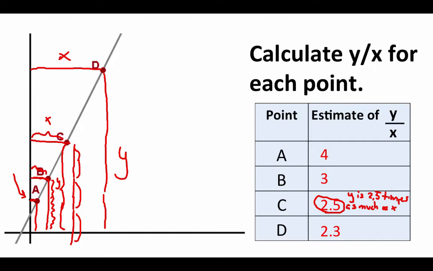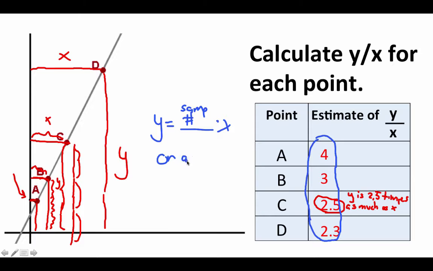So then I asked, what do you notice about all these numbers? Anything special about them? One person said they decreased, and I said, exactly. Look at this. Are these all the same number? No. Is it always that y is the same number times as large as x on a line?